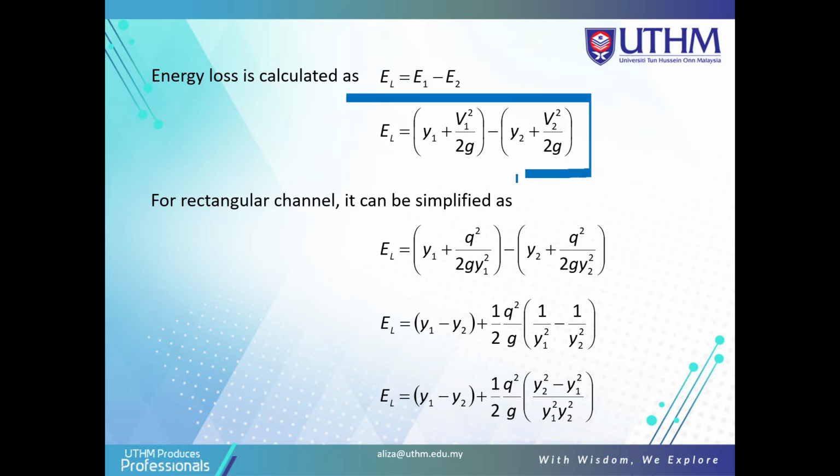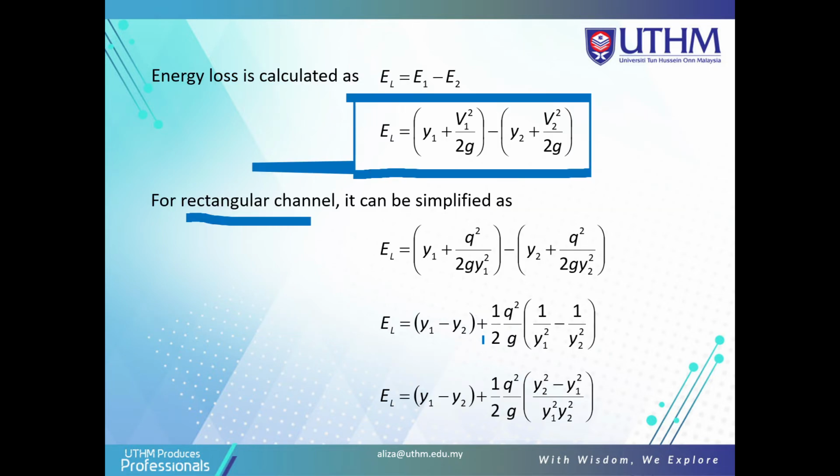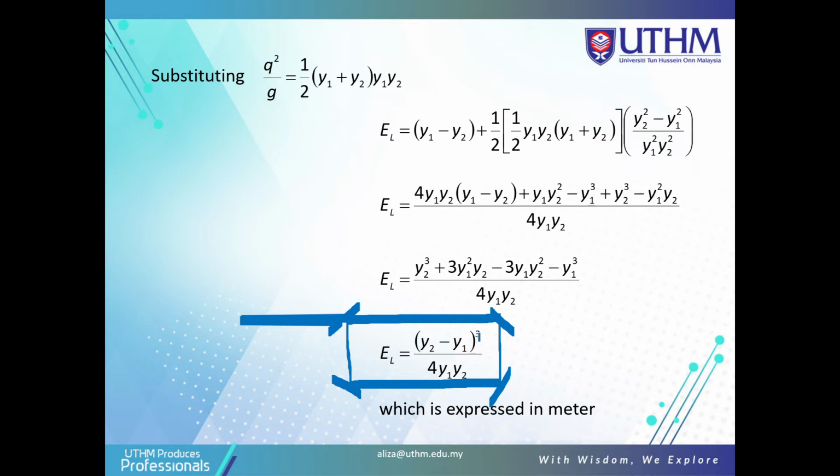This is the formula for all channels. For a rectangular channel, it can be simplified as shown here. For all channels, you must use the general energy losses formula; for a rectangular channel, you use this simplified formula.